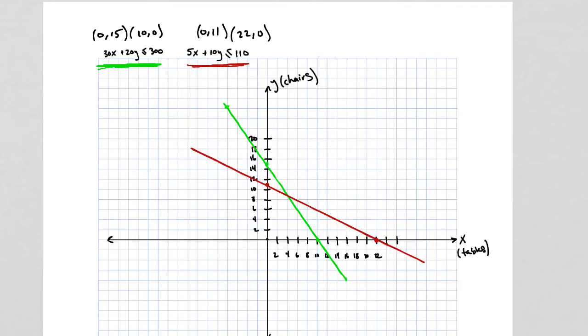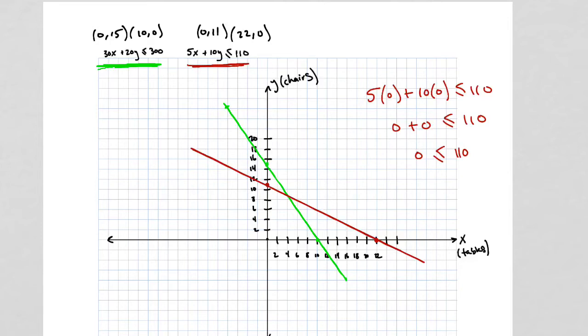Now let's go ahead and find out which side of the equation rings true for the line in red. So of course, we use the test point 0, 0. So we'll say 5 times 0 plus 10 times 0 is less than or equal to 110. 0 plus 0 is less than or equal to 110.